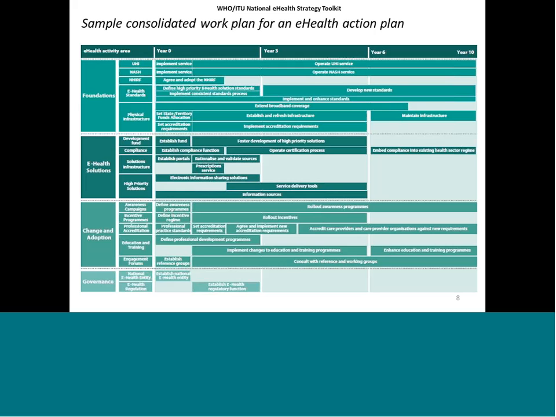And you'll notice that across the top of the diagram, we've got the years, so year 0, year 3, year 6, and year 10. I just draw your attention to that because health information exchanges and eHealth strategies take time to put in place. Thinking about things in 3-year chunks is not a bad idea, and it helps manage people's expectations appropriately.